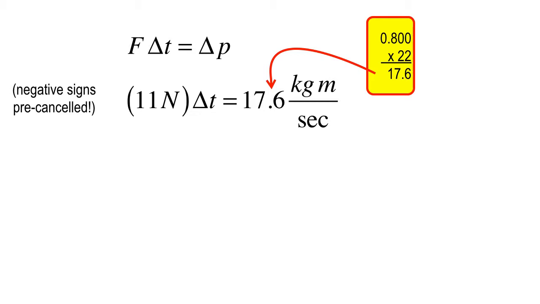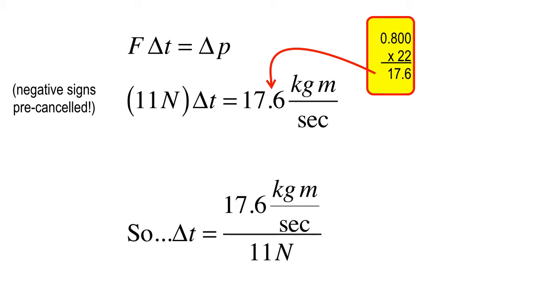The negative sign would be applied to the stopping force because it's opposite to the direction of the velocity. So you'd have negative signs on both sides, so you may as well just cancel them ahead of time, which is what I did.